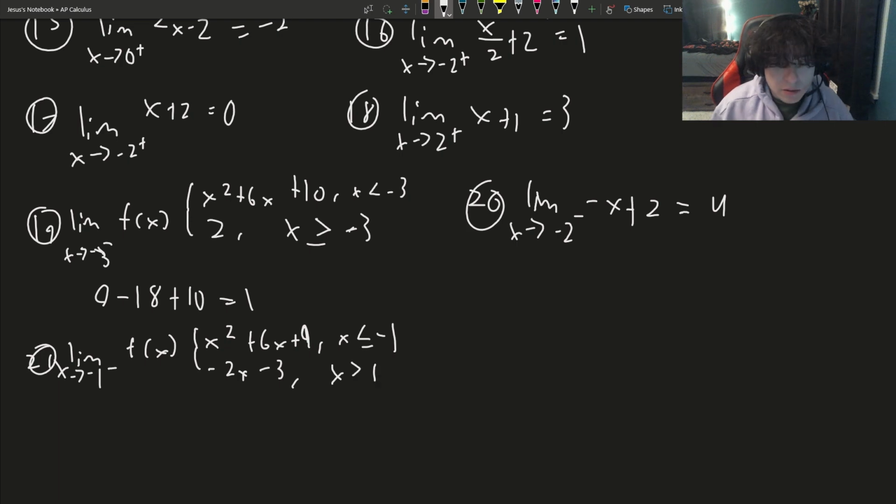So -1 from the left means lesser numbers, so it would be like -2 and like -3. Sorry if I keep repeating myself, but if you don't get it, then I'm just going to keep repeating it. -6 and plus 9. Negative 6 plus 9 is 3, plus 1 is equal to 4.